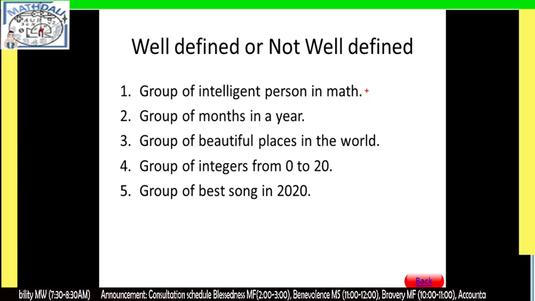So if I'm going to ask you to list down persons that are said to be intelligent in math, will you have the same set, the same elements? Pare-parehas ba yung inyong magiging sagot?